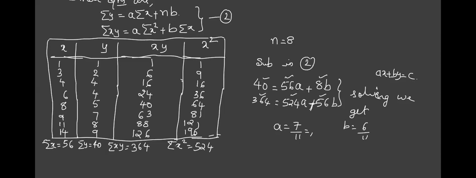Can anybody tell 7 by 11? 0.636. Okay. What is then b? 6 by 11 means 0.5454.